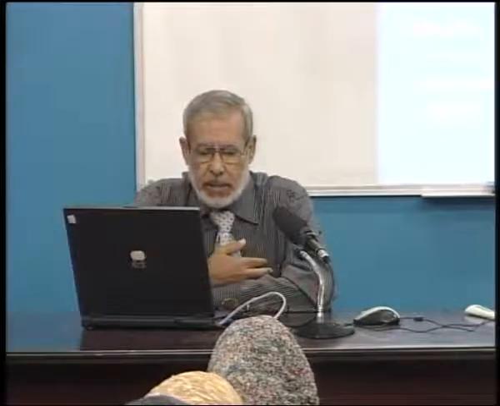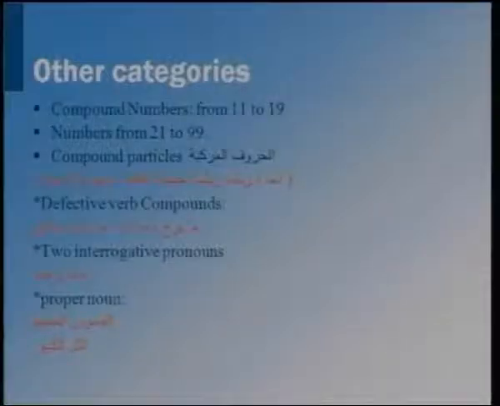We have also interrogative pronouns like ماذا. Okay? And we have proper compounds such as القاموس المحيط, التل الكبير, الجامعة الإسلامية, قطاع غزة, الضفة الغربية. So these are proper nouns.